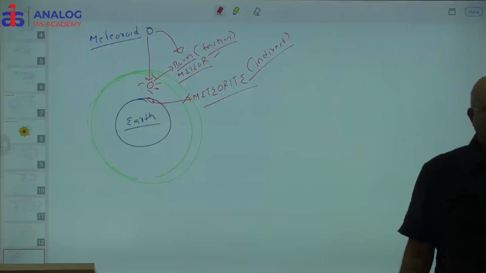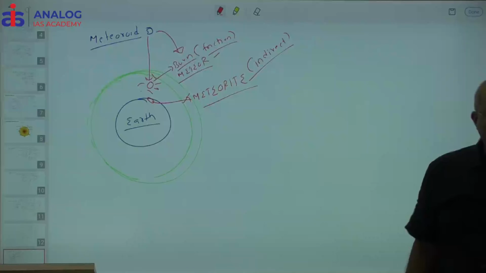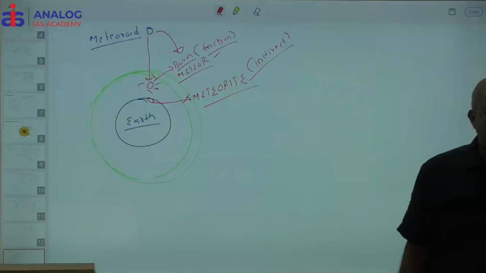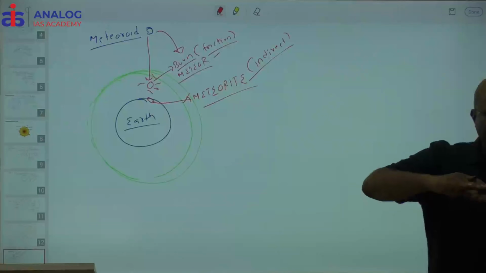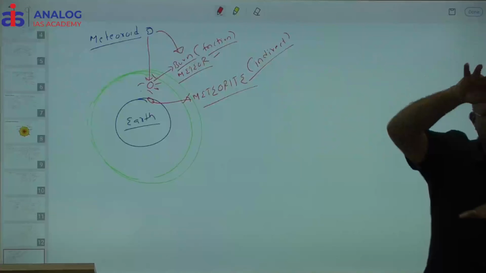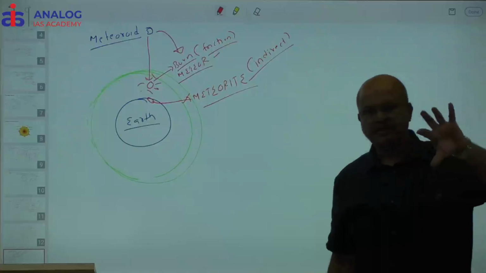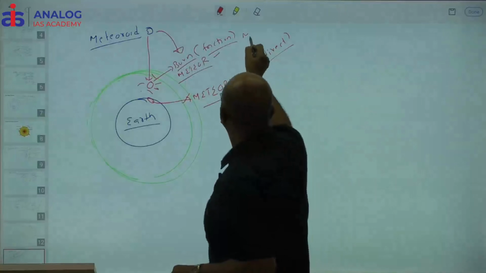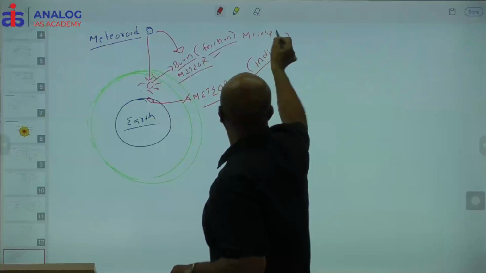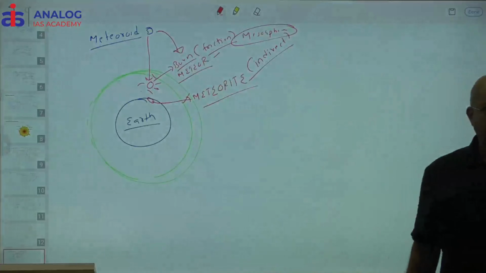Is it clear? Meteors, or shooting stars, right now, in which layer of the Earth do they start burning? Troposphere? Mesosphere. Meteors are seen in the mesosphere. Is it clear?